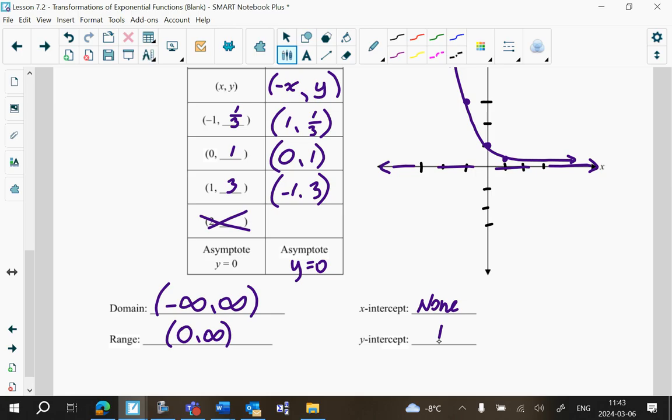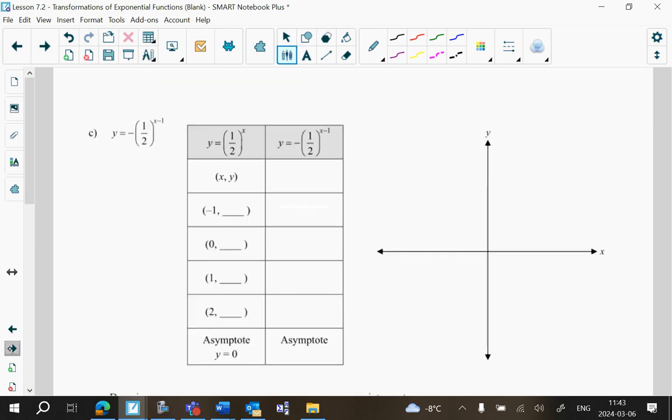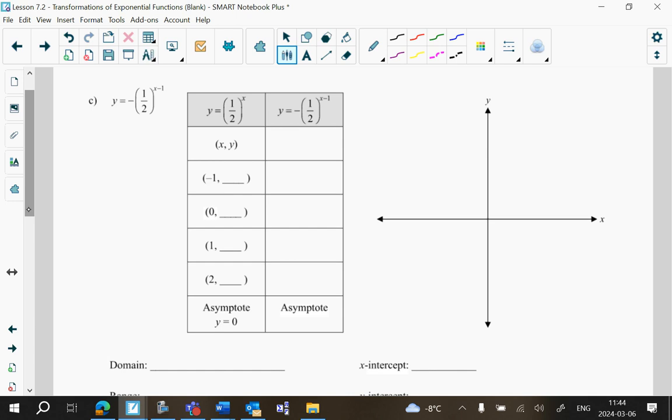Okay. Let's have a look at this one. So we've got 1/2. A fraction as the base now. Don't let that fraction as a base throw you.